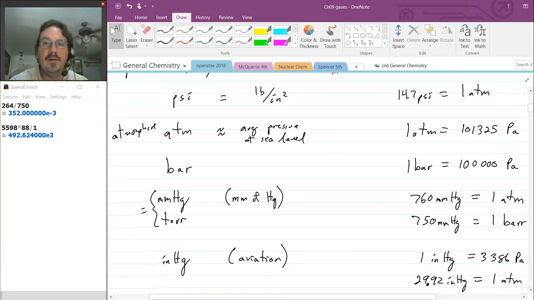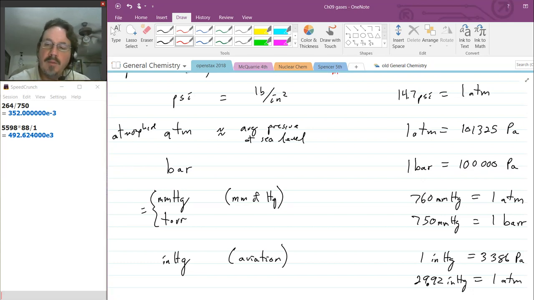Another unit, used more and more often year by year, is a bar. That comes from the same word as barometric, meaning atmospheric pressure. That's how we measure that of the atmosphere. So a bar, B-A-R, is defined as 100,000 pascals. Why do we need that, and why is it being used more and more often?